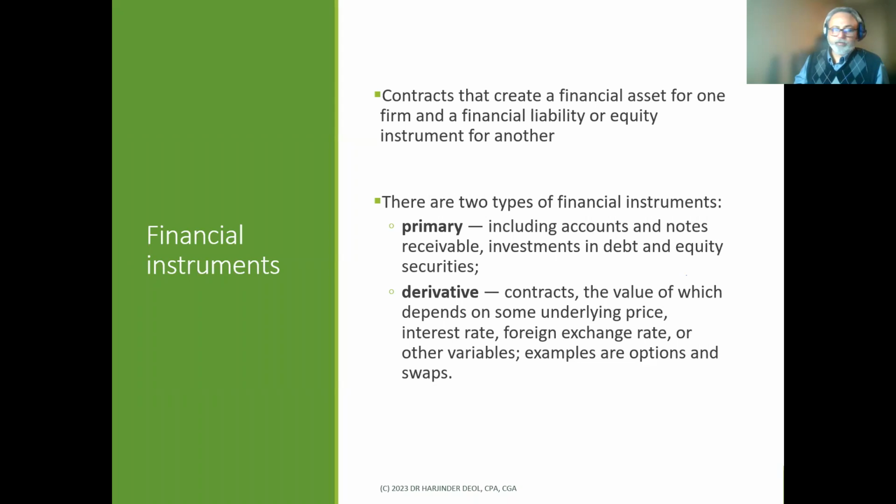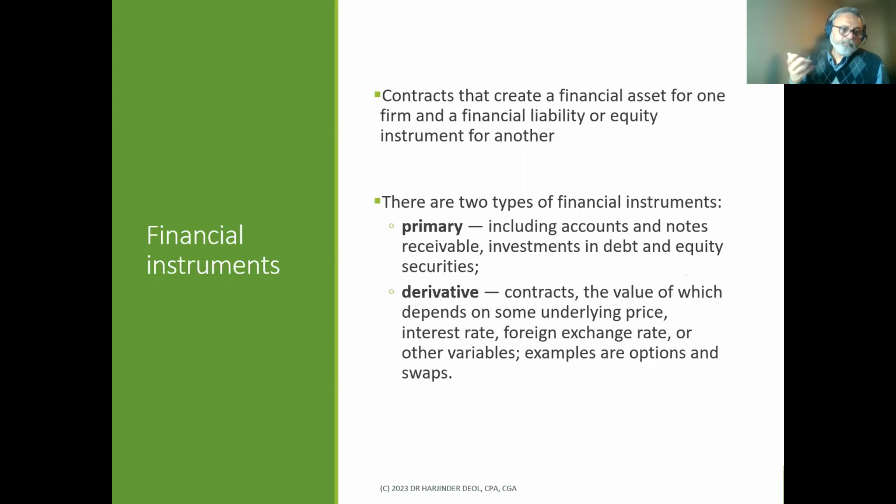Derivatives are where you have options, forward contracts, futures, warrants, those kinds of things, where the value of the financial instrument is derived from the value of something called an underlying. That underlying could be a commodity, it could be a security, it could be a rate, multiple possibilities.